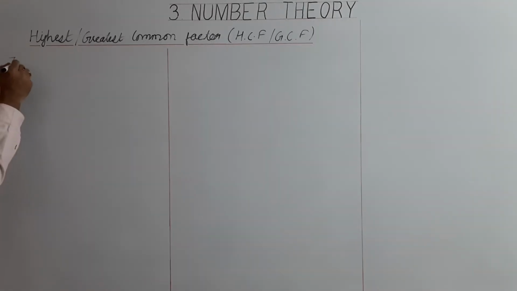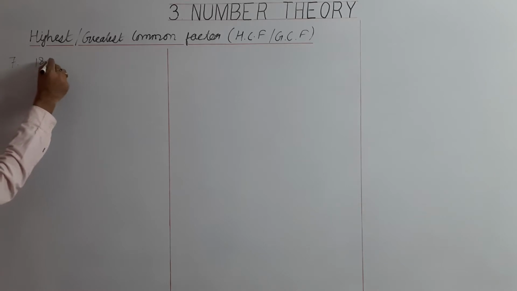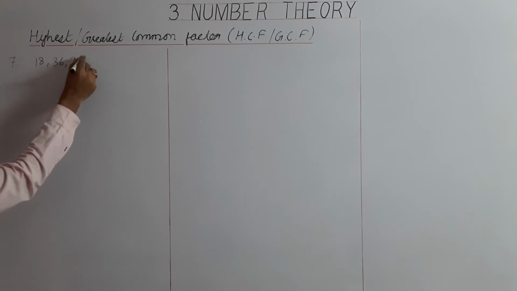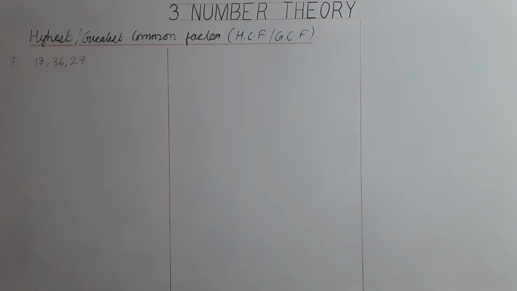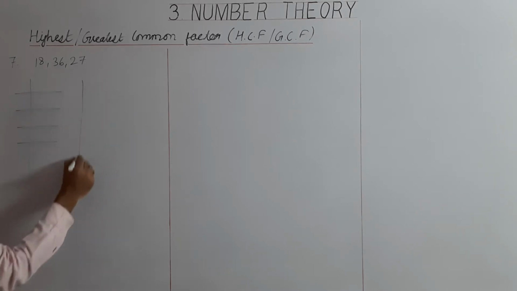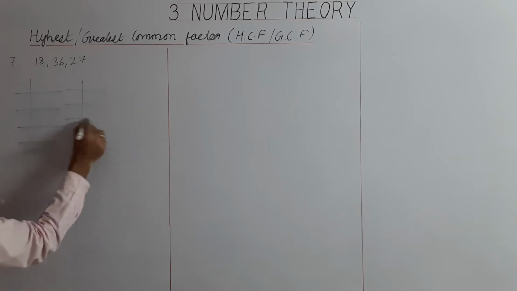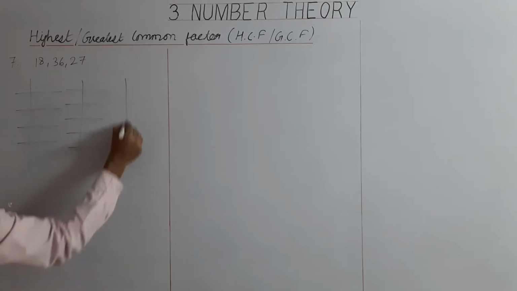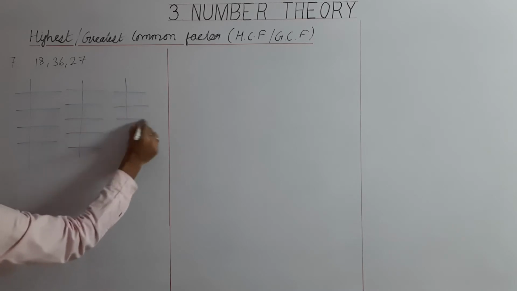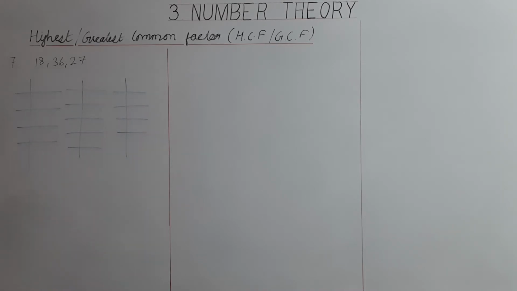Next question number 7. Given numbers are 18, 36 and 27. So we have to find prime factors of 18, 36 and 27. We start from 18.